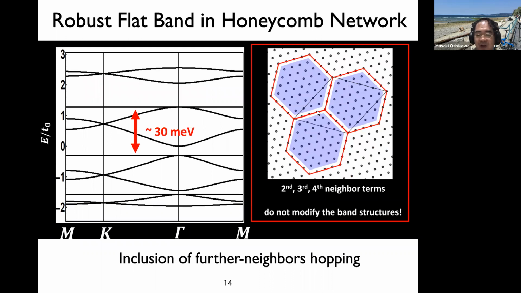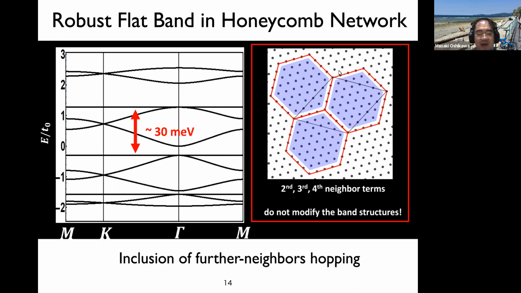The original network model contains only nearest neighbor hopping, but you can introduce second, third, and fourth nearest neighbor hopping onto this discretized network model. Even if you include longer range hoppings, the flat band is still almost completely flat. So this flat band is more robust against inclusion of longer range hopping.